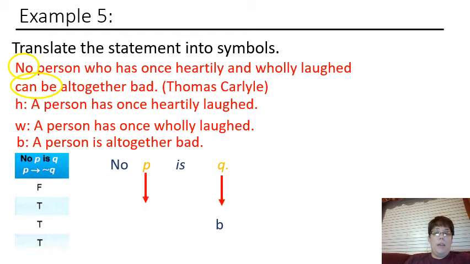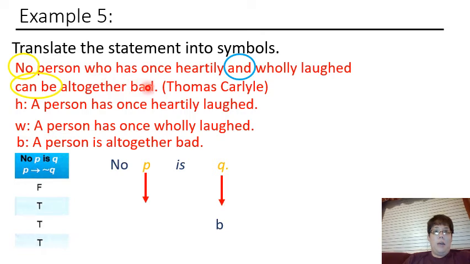All right. Now I'm going to look at P. In this case, I actually have a compound statement for P. And the reason I know that is because you have this word and. Okay, so since I have the word and, I know that P is actually going to be a compound statement that combines the once heartily and wholly laughed.